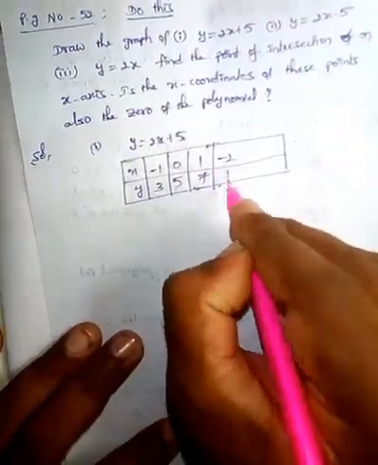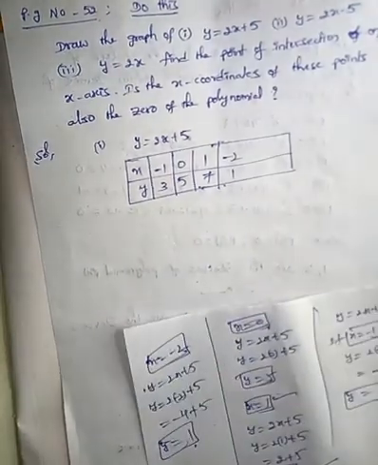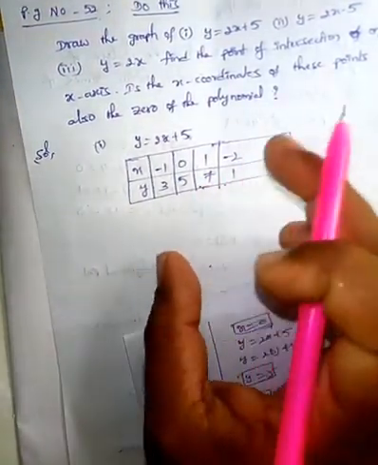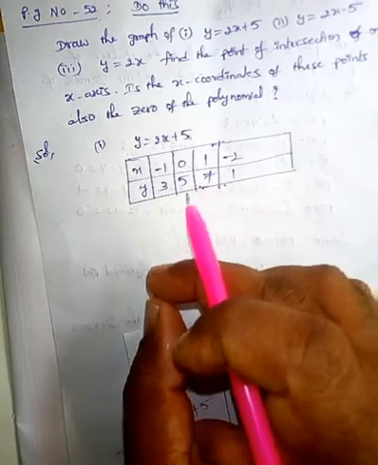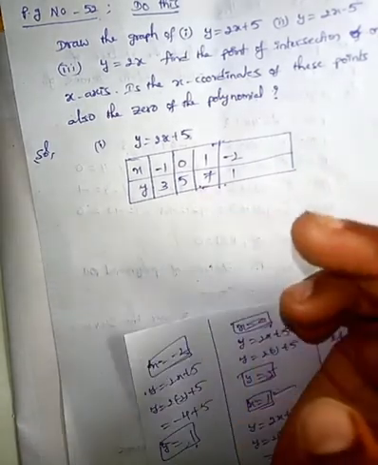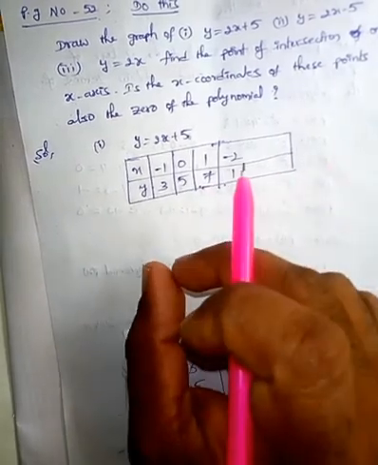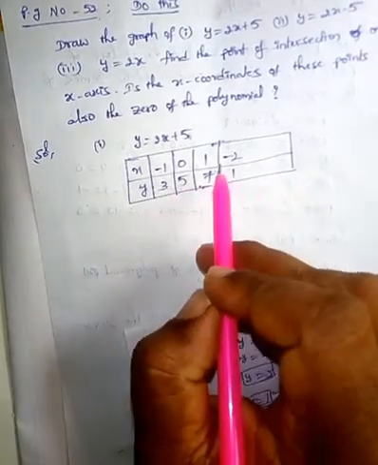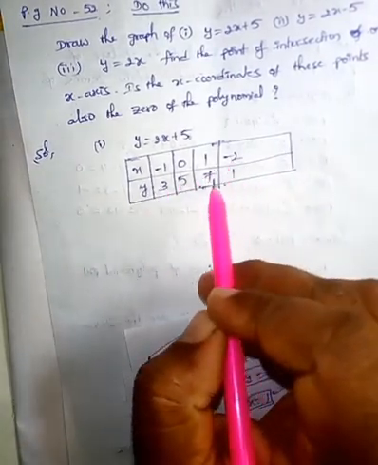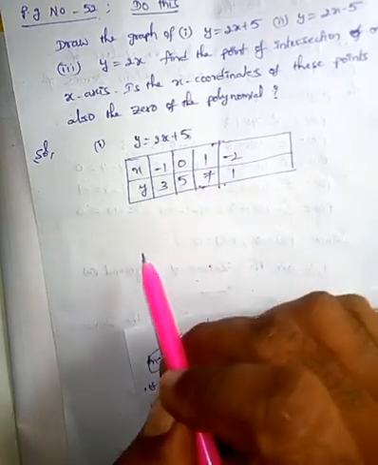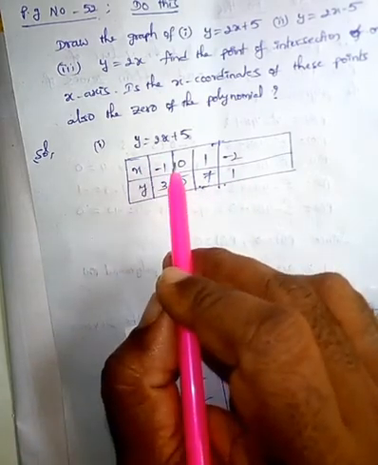So minus 2, 1. Okay, for deciding a straight line, you can calculate any values of your choice, but 3 points are enough to draw the straight line. Okay, here I calculated 4 points. By using these points, draw the graph of y equal to 2x plus 5.